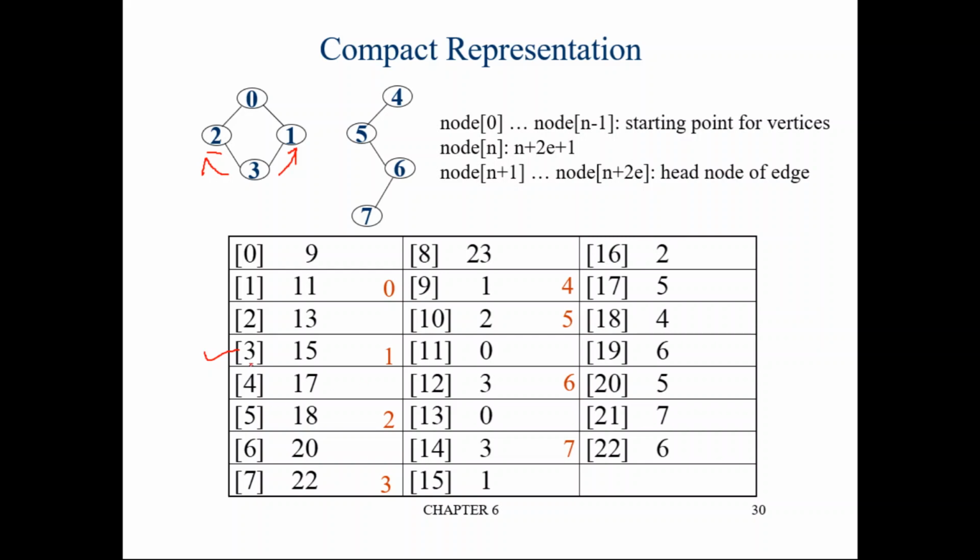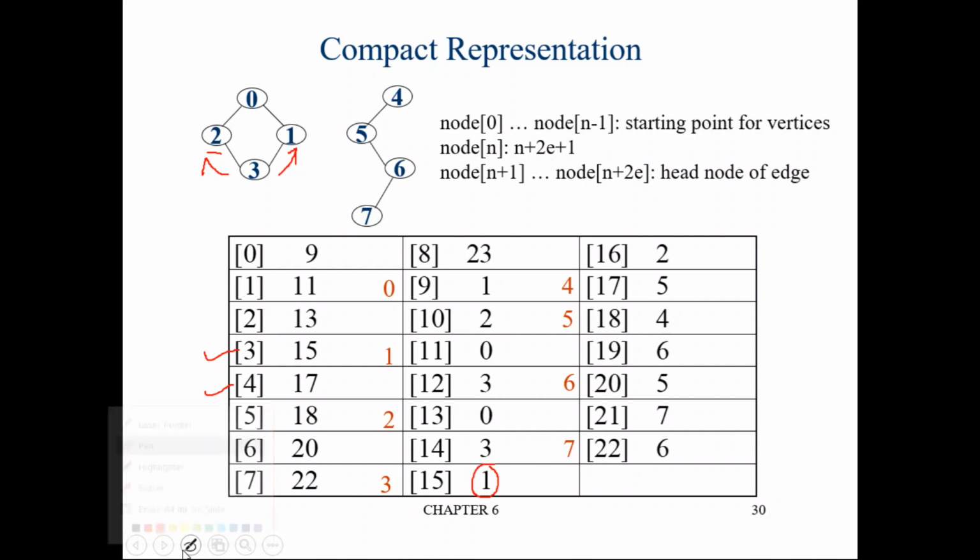Okay, so the edge detail of vertex 3 is available starting from the 15th location and it is occupying two locations. So the edge detail of the next vertex should come at which location? 17. So next is which vertex? 4.